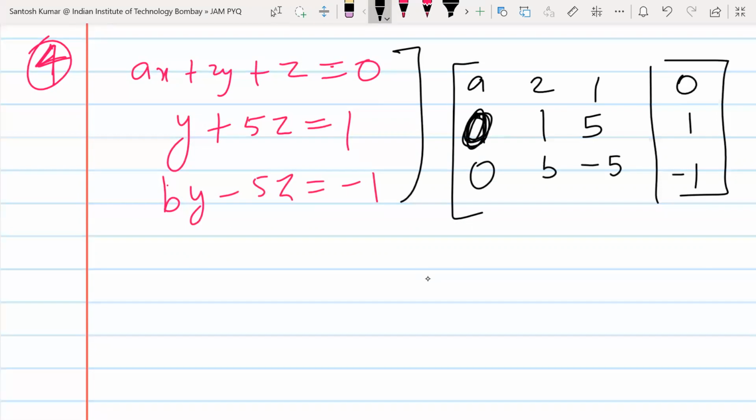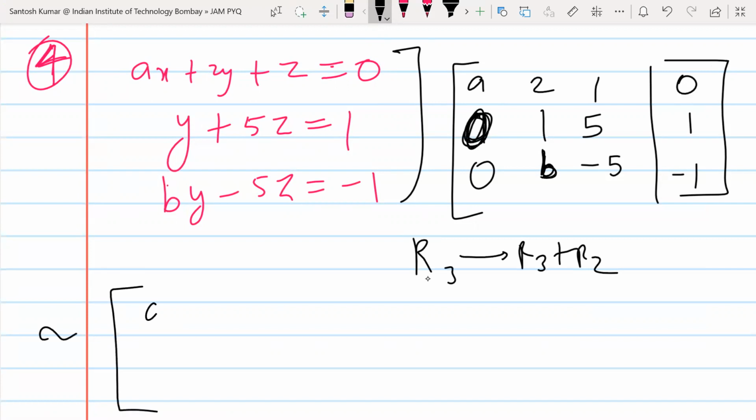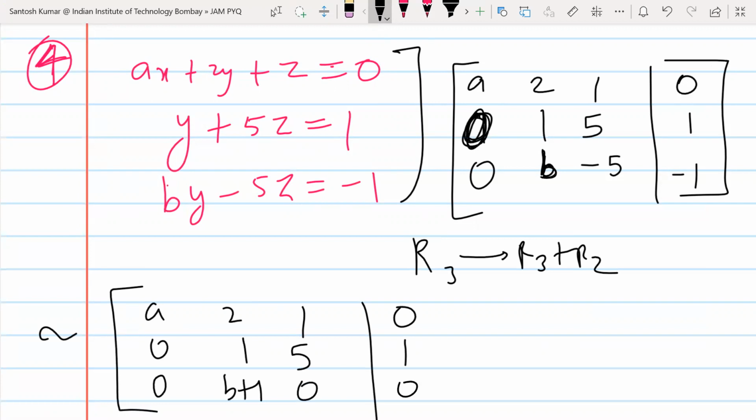Now suppose we change the third row as third row plus second row. Then the first row will be as it is, the second row will be as it is, and the third row will be 0, b + 1, 0, 0.